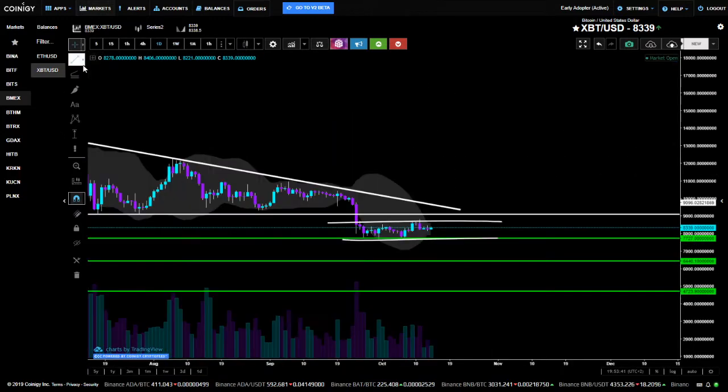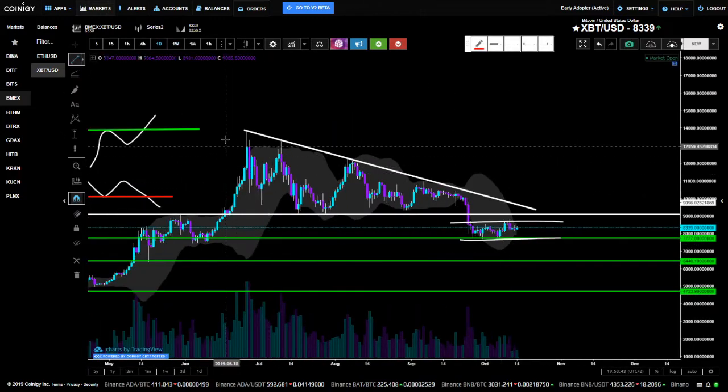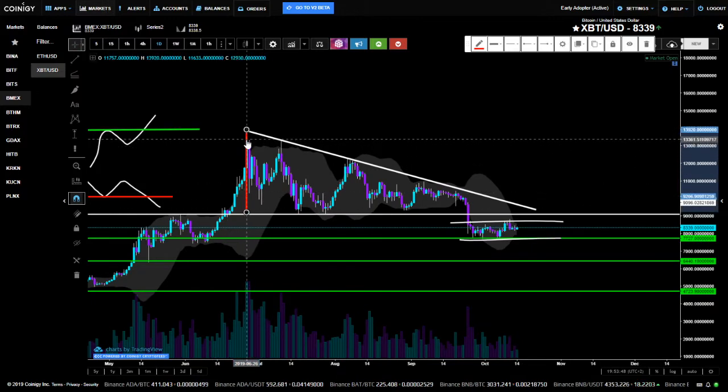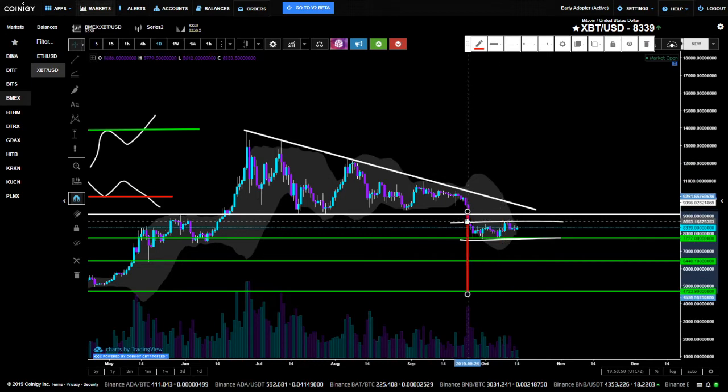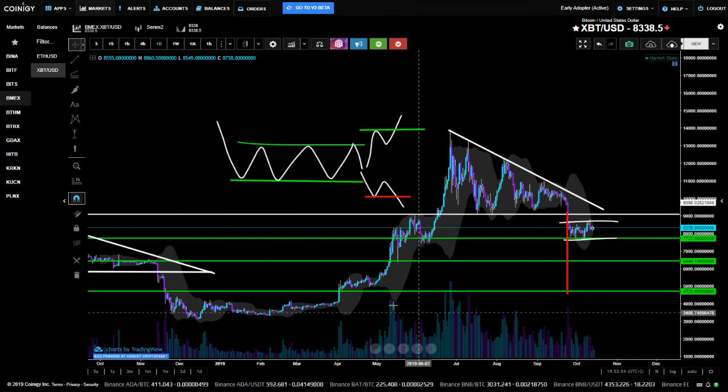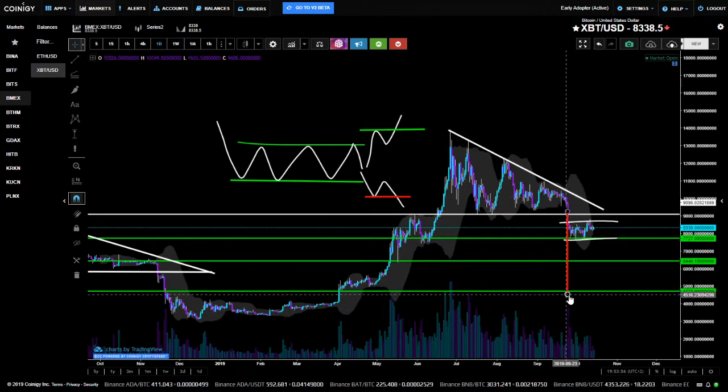So same can be done too for the maximum breakdown target of the triangle, and the maximum breakdown target of the triangle is confluent with the previous monthly support, 4,700.